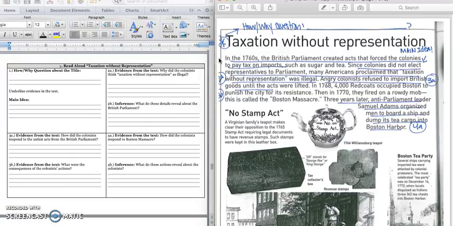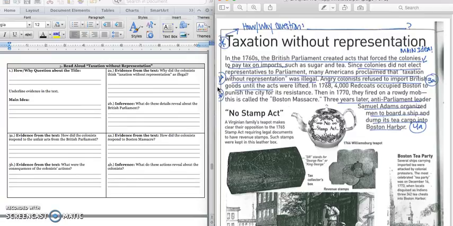It says, in the 1760s, the British Parliament created acts that forced the colonies to pay tax on imports, such as sugar and tea. Since colonies did not elect representatives to Parliament, many Americans proclaimed that taxation without representation was illegal. Angry colonists refused to import British goods until the acts were lifted.